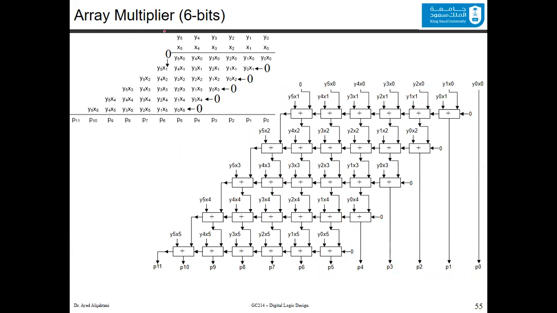So simply, the array multiplier is a direct implementation of the partial products, where each digit is actually added. There are other implementations of the same idea, but we will only focus on this one. This is the array multiplier. Its area is huge, but it's fast compared to other types.